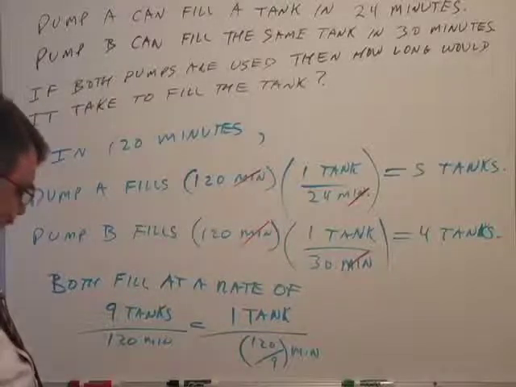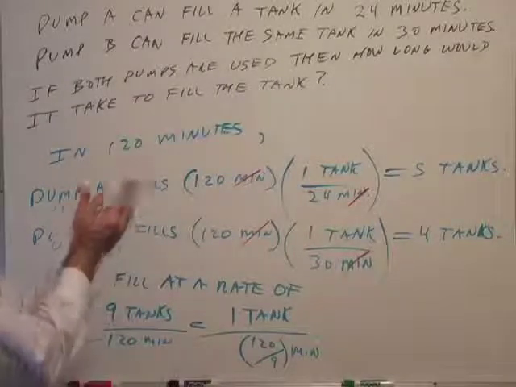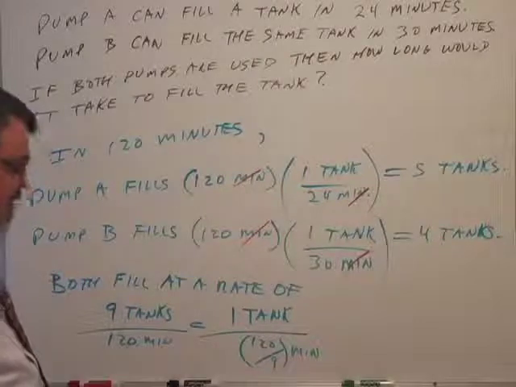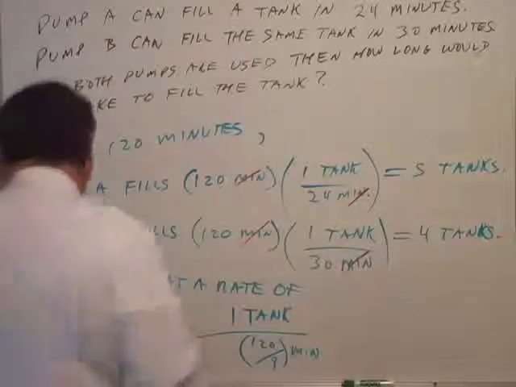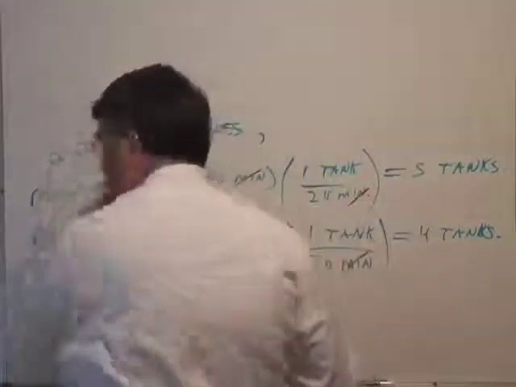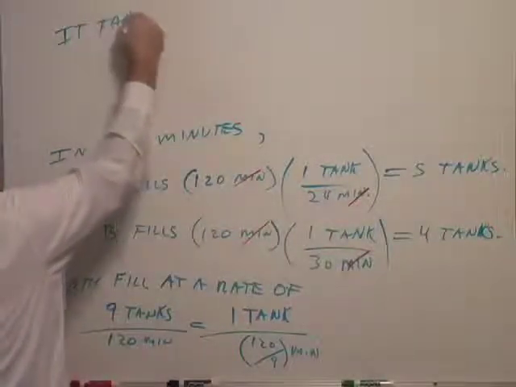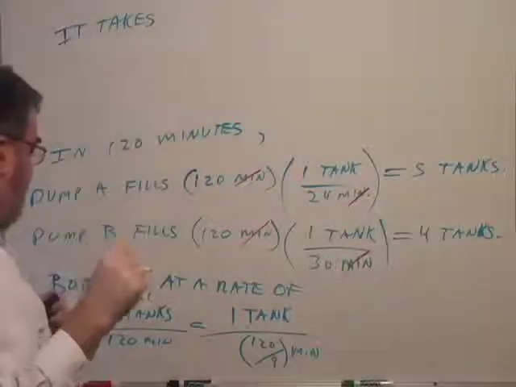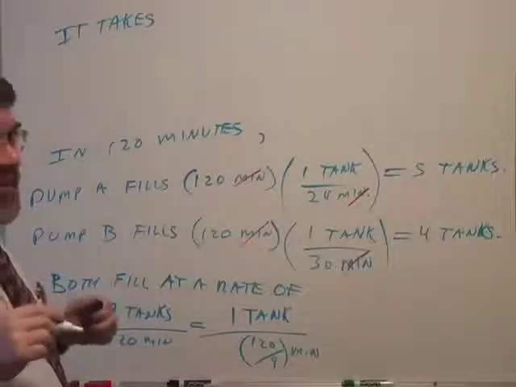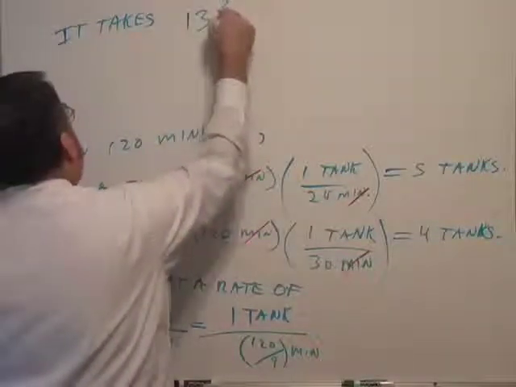And let's see, what is that? 13 times 9 is 117, so 13 and 3/9 minutes. So let me write my answer. It takes, what was my answer? Doing all this in my head, that's part of the problem. 13 and 3/9.